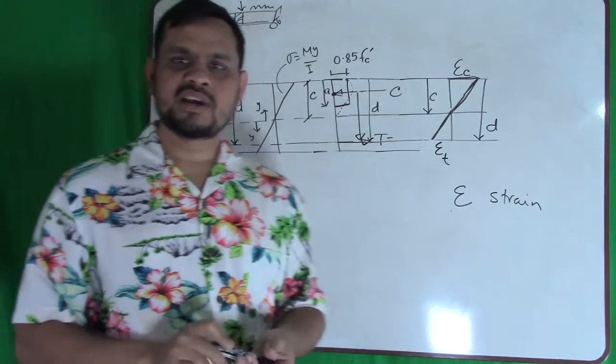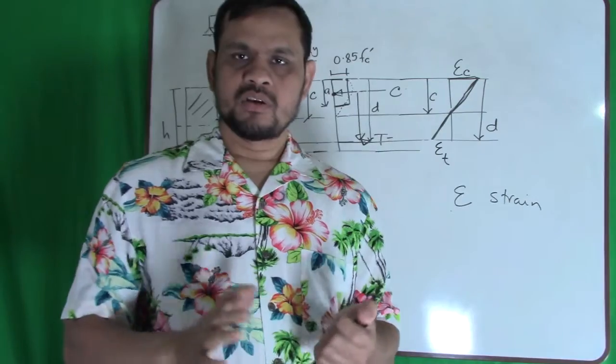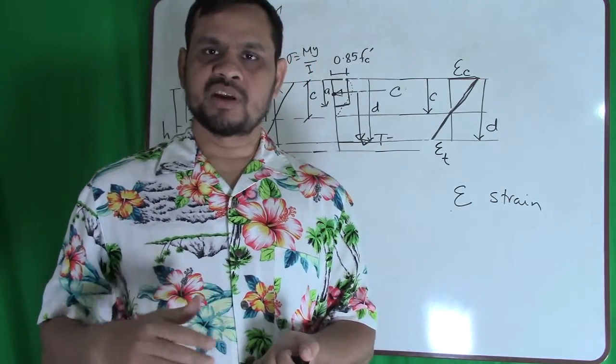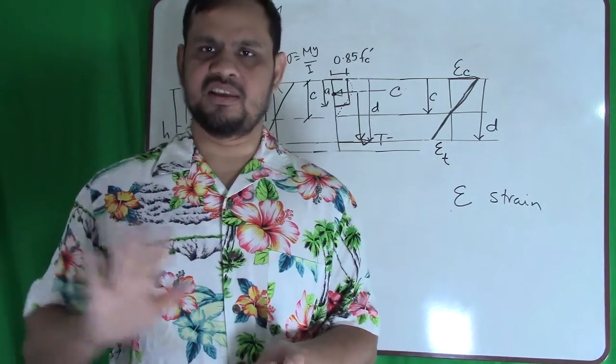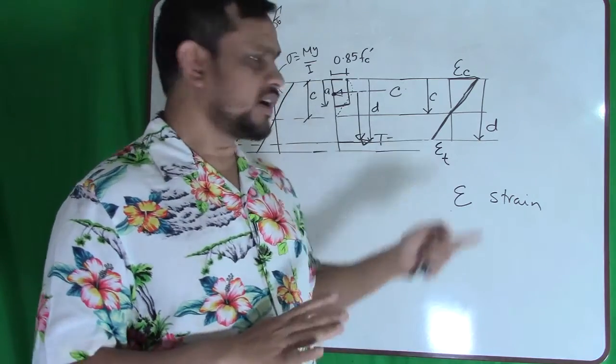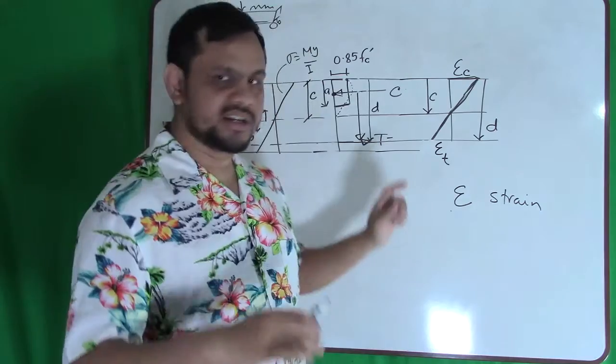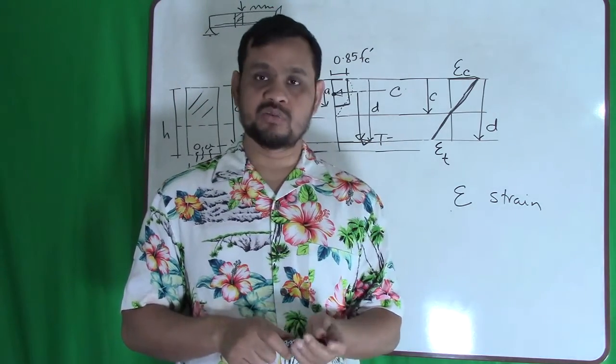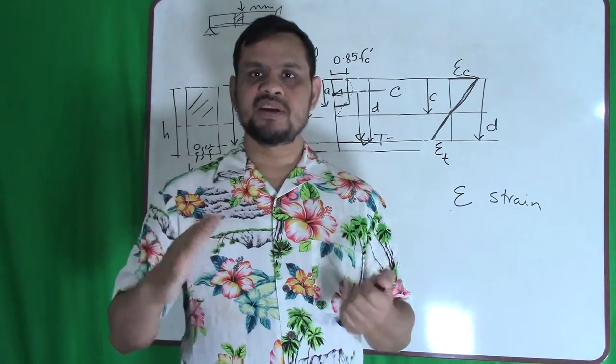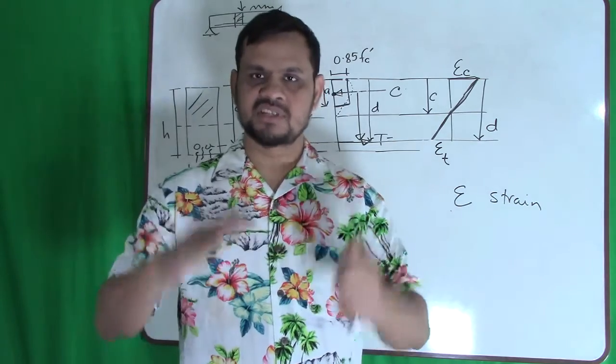Now when we design reinforced concrete, we assume that our concrete is about to fail and our steel is about to yield or more than yield. So that is our design consideration. We try to optimize the section, use the maximum capacity of the section.